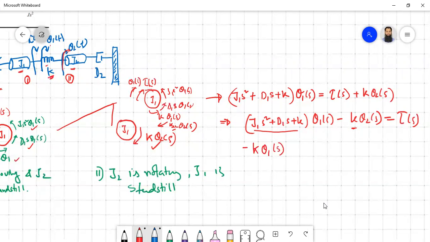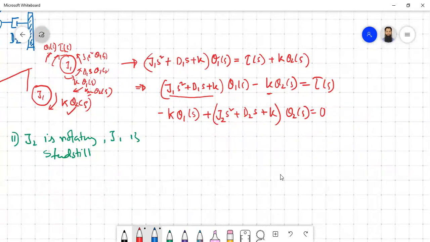So plus all the self associated impedances, that is J2 s square plus D2 s plus K is common, theta 2(s) equal to, there is no torque on it. So these are your two differential equations required to represent the rotational mechanical system, which is almost similar to your translational mechanical system.